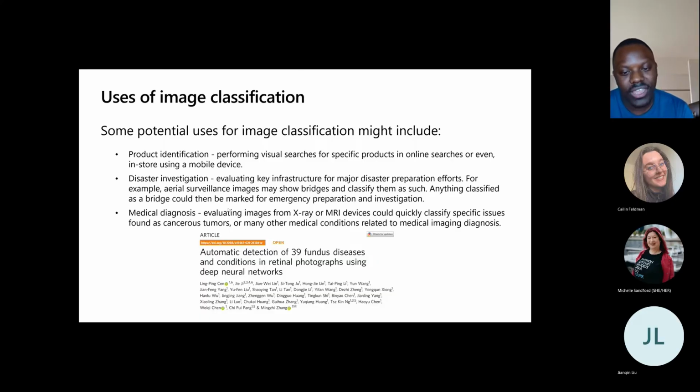In a similar manner, X-rays and MRIs all need to be assessed visually. When you have an MRI done, there's a radiographer, I'm not sure of the term, who assesses your MRI and can tell, oh, this is an indication that maybe there's a growth here, or other medical conditions.